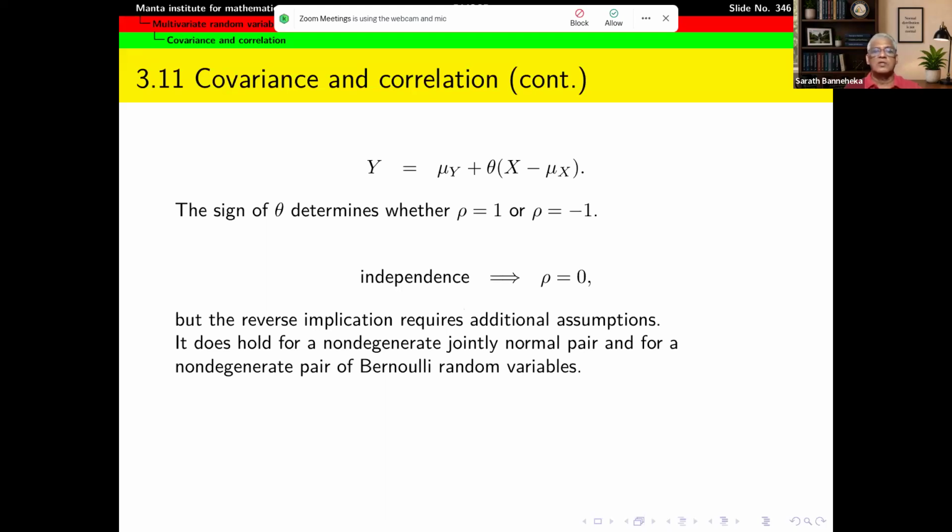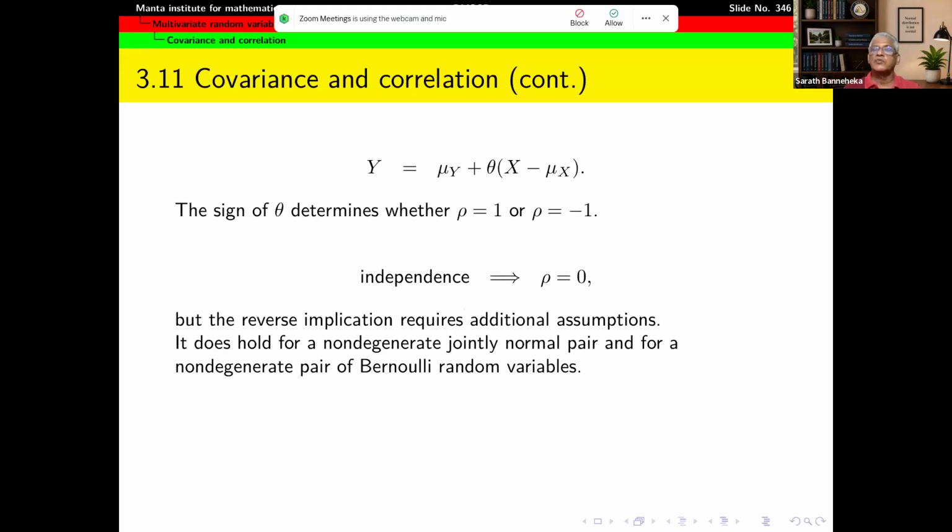One situation is a pair of two random variables which have a jointly bivariate normal distribution. Non-degenerate means x and y are not constant. So right, that word is not that important here. We are talking about random variables.